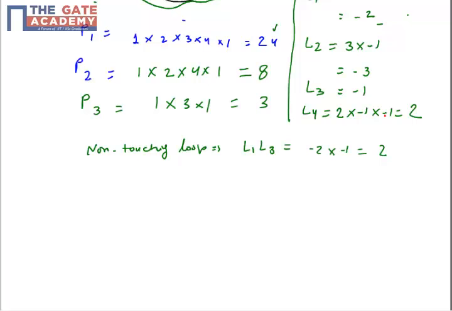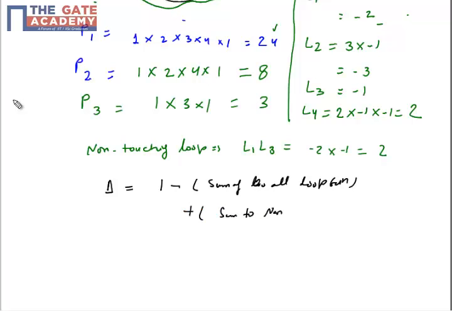Right? Now the calculation of delta. We have calculated all the loops, so let's calculate the value of delta. Delta is a standard formula: 1 minus the sum of all loop gains, plus the sum of 2 non-touching loop gains, and minus the sum of 3 non-touching loop gains, which is not applicable in this case.